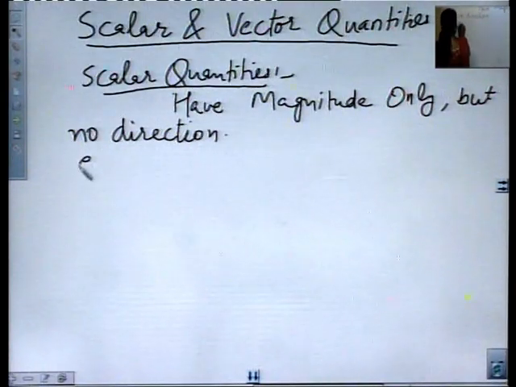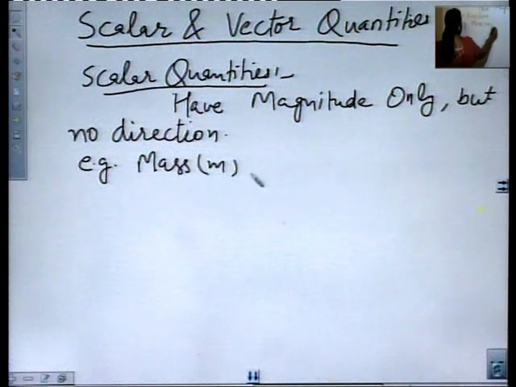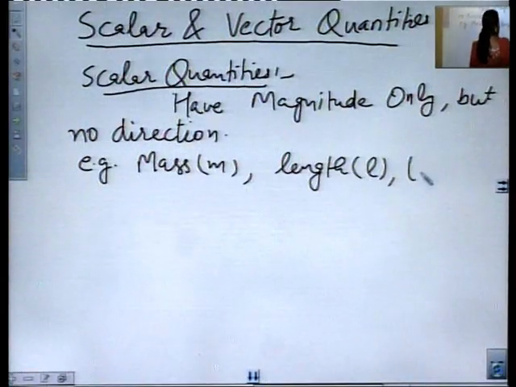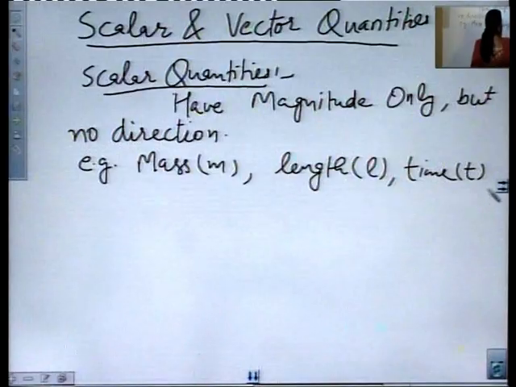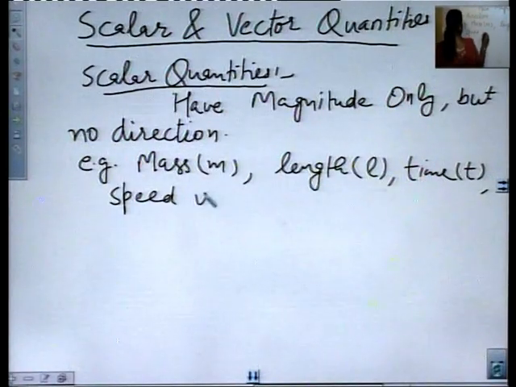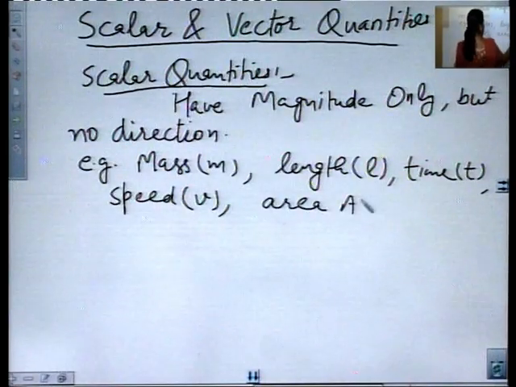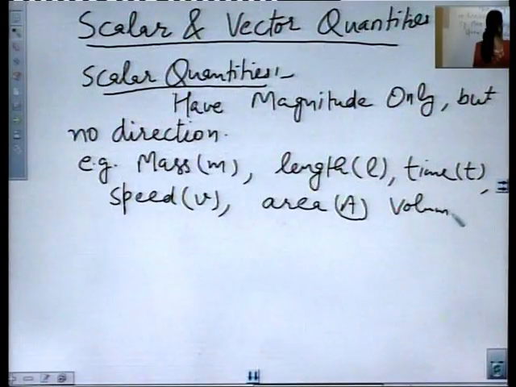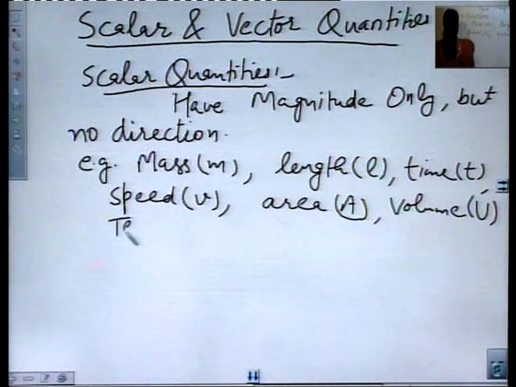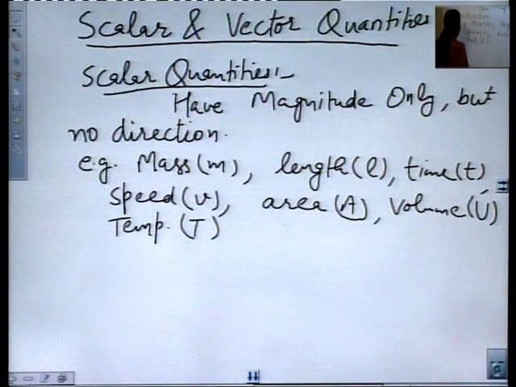The examples of scalar quantities are mass, length L, time T, speed V, area A, volume V, temperature which is denoted by T. So all these are scalar quantities.